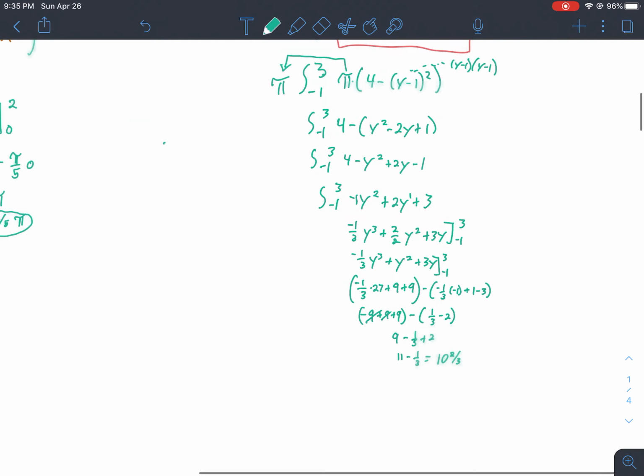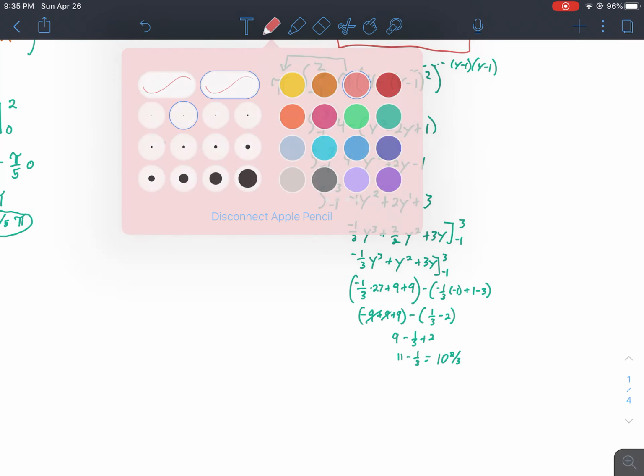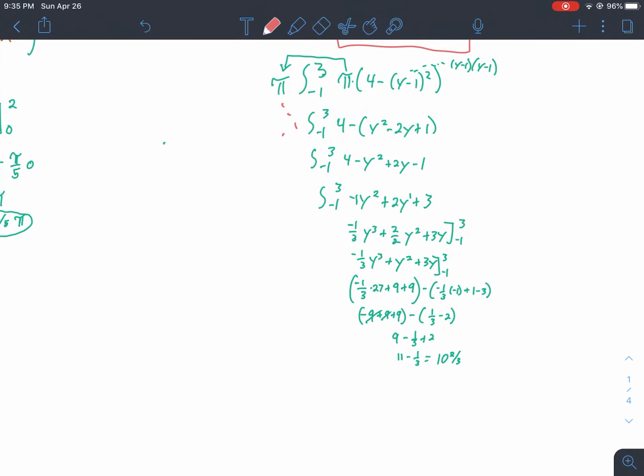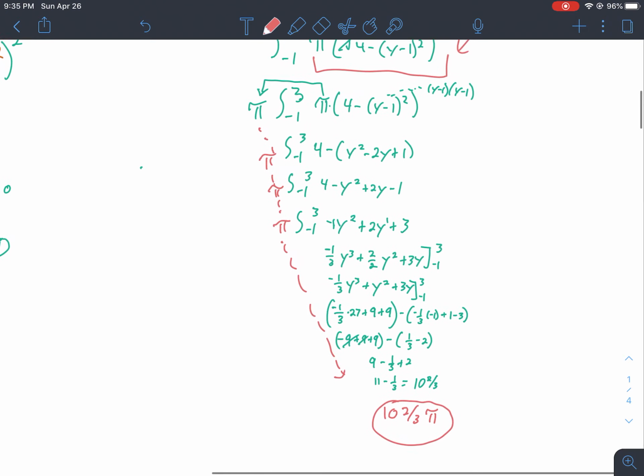Now, I'm missing something. This pi, I didn't write down each step. So there's a pi there, a pi there, a pi there. So it's 10 and 2/3 pi as my final answer.